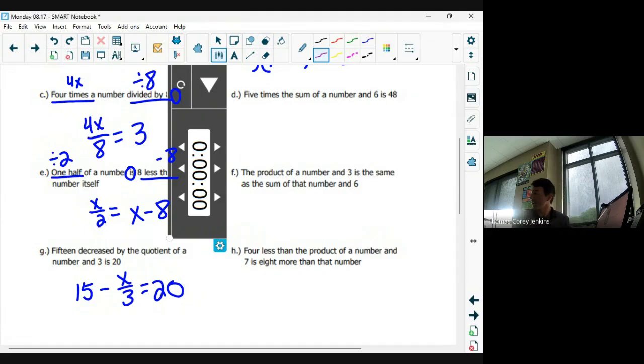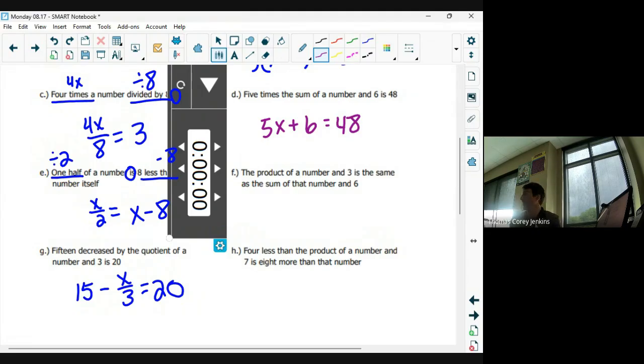All right, anybody want to take a stab at D? This is one that would be easy to miss. Mason? All right, so 5x plus 6 equals 48 is slightly wrong. There's one little fix to it. Anybody know how to fix it? That's all right.